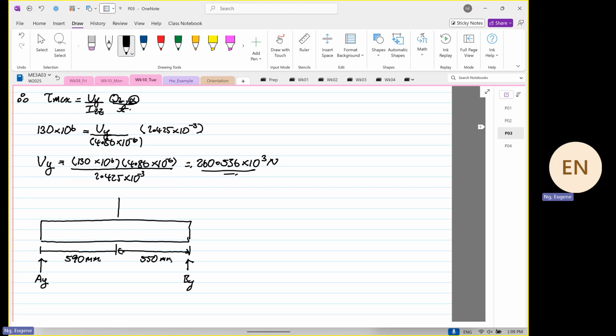The question asks us to determine P, so we can determine the reaction forces. I'm going to call this our X, our Y, and rotation about Z. So we are going to do static analysis.